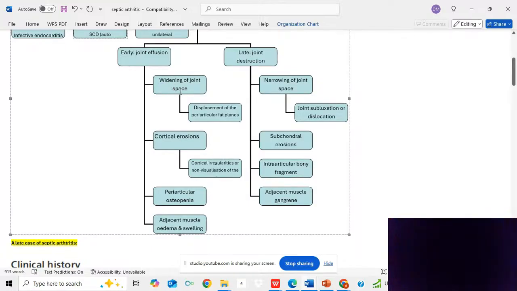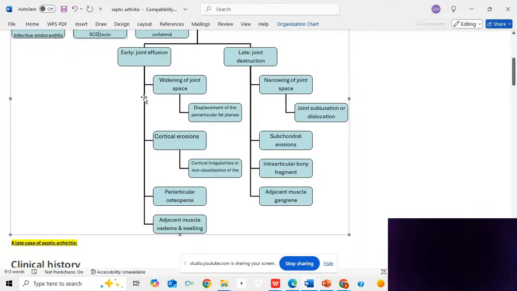It will lead to displacement of the fat planes, a common radiological sign that indicates joint effusion: the displacement of the periarticular fat planes.